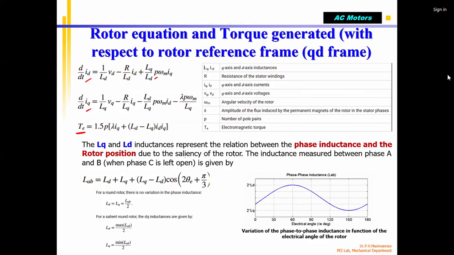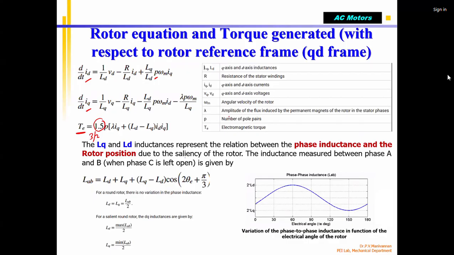Then the motor torque generated can be written as TE equals 3 by 2. In many books you will see this term represented by 3 by 2 into P into bracket lambda multiplied by IQ plus LD minus LQ into ID into IQ, where ID and IQ are the current in the direct axis and the current in the quadrature axis.